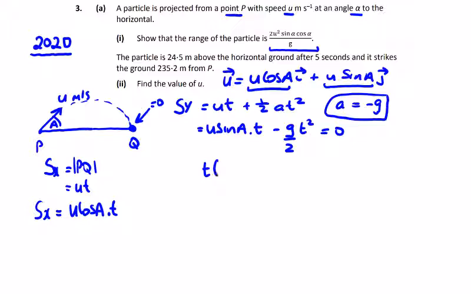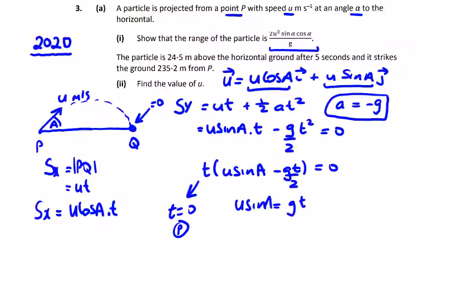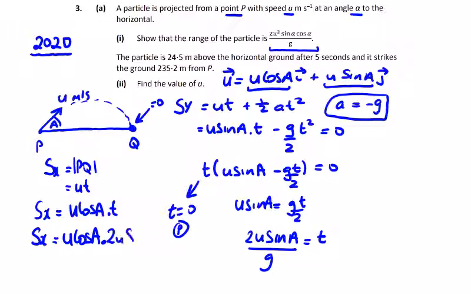So factoring out t, I get u sine alpha minus gt over 2 inside the bracket and t outside the bracket. My initial time equal to 0 is at P, and u sine alpha equals gt over 2, so 2u sine alpha divided by g is the time taken to get to Q. So if we sub time into displacement in the x direction, we get u cos alpha times t, which is 2u sine alpha over g.